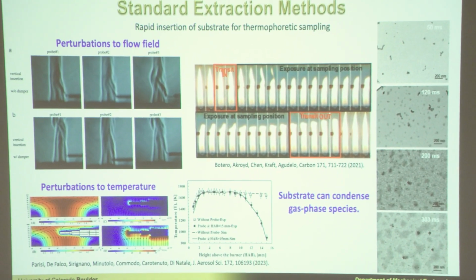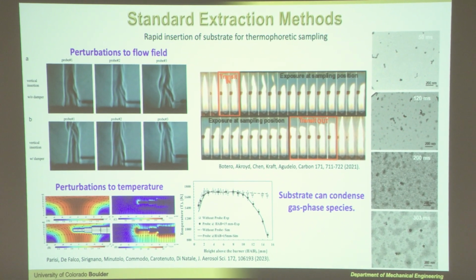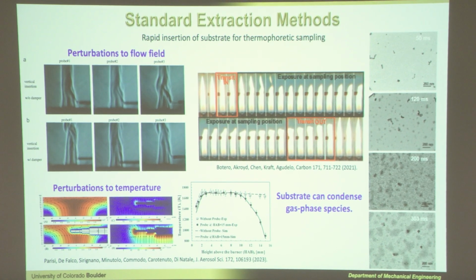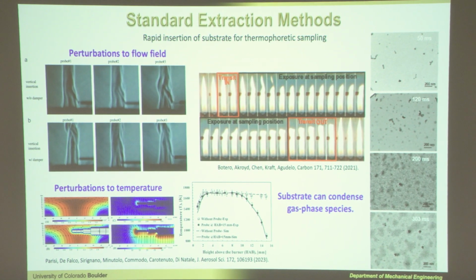So in this case, I'm concerned. We do this thermophoretic sampling, but I'm kind of concerned about this technique. Remember, this is one of the first techniques, and one of the most widely used for understanding what it looks like in a flame.